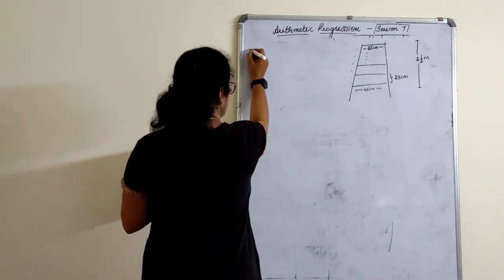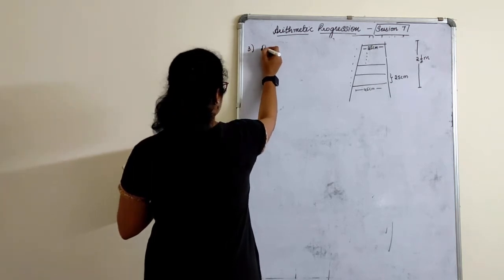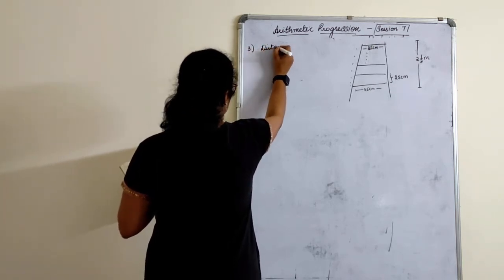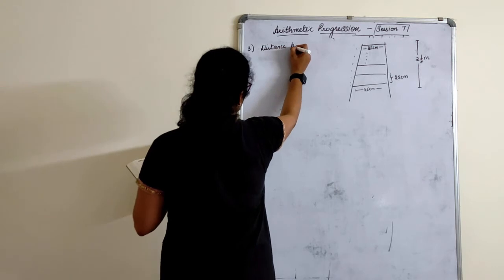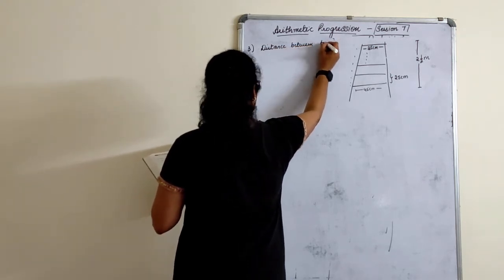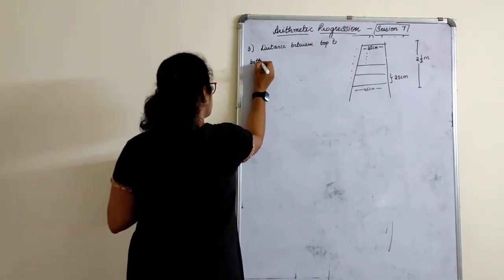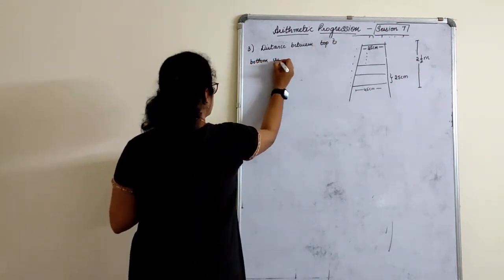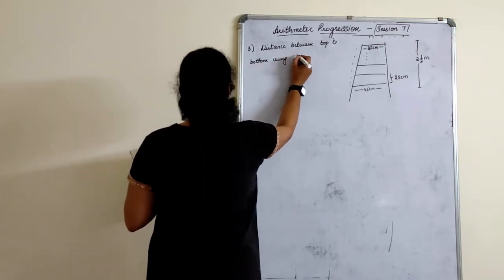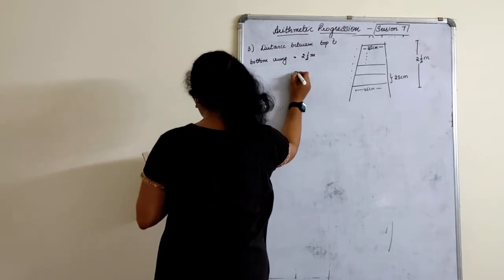So, question number 3. Distance between top and bottom rung is 2.5 meter.